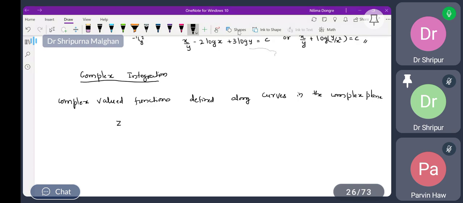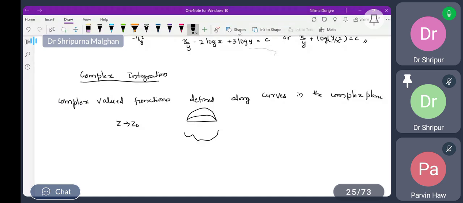So z approaching z naught is not along a fixed line, as we have for a real valued function of a single independent variable. But here, with the complex variable, it is not a straight line; it could be along a semicircle, or along a part of an ellipse, or along a parabola, something like that. So all those things are there, and that is what we already studied under limits, right?